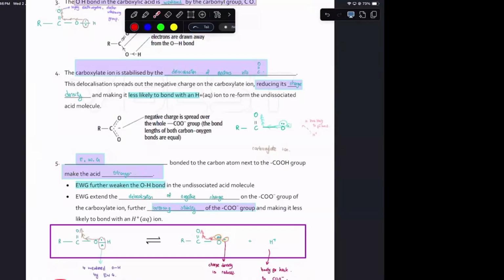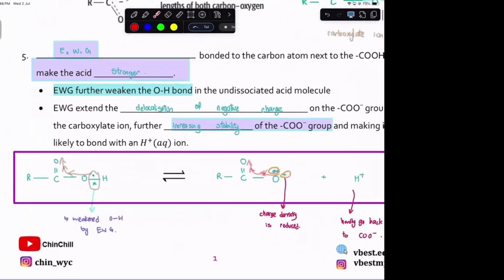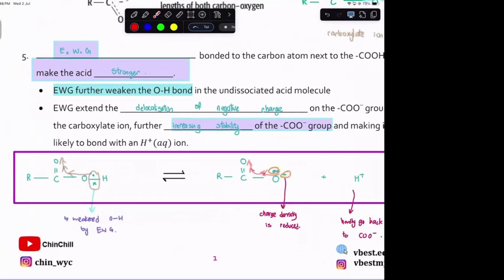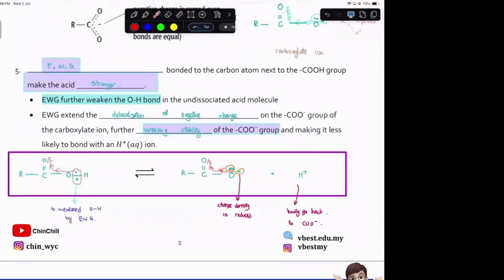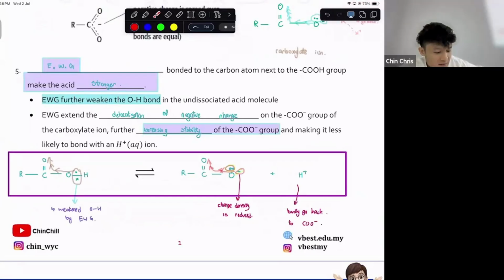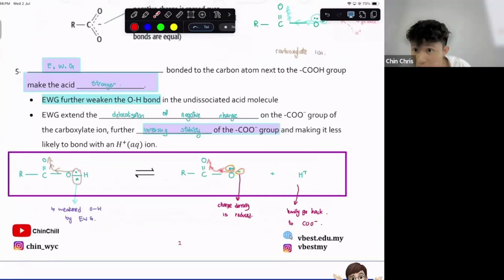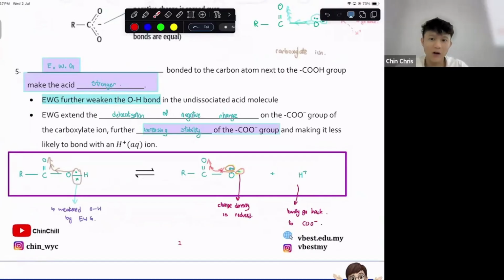See all the electrons going to the oxygen. So that decreases the stability of the COO minus group. That makes it a weak acid. So that means when you have more hydrocarbon chain, the acid is weaker, because all the electrons are going to the oxygen group. All right. Good. Thank you.